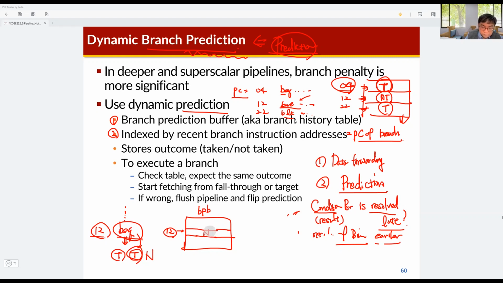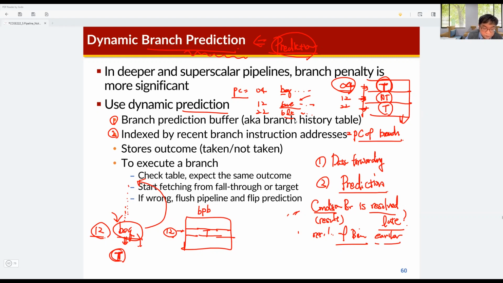Let's start from this. This branch instruction is executed, and let us assume that the result of the branch instruction is true. Then it goes back to the first instruction of this iterative loop and is executed.